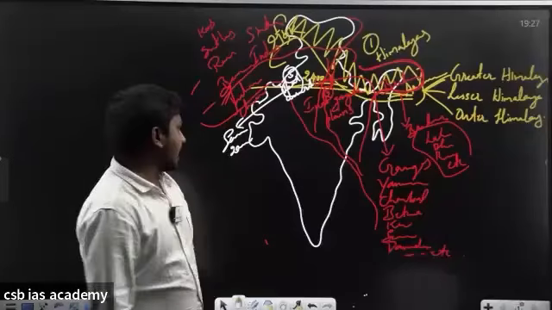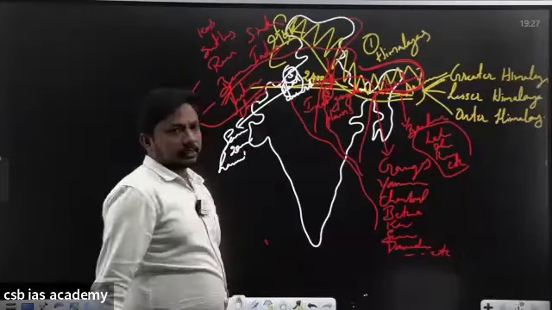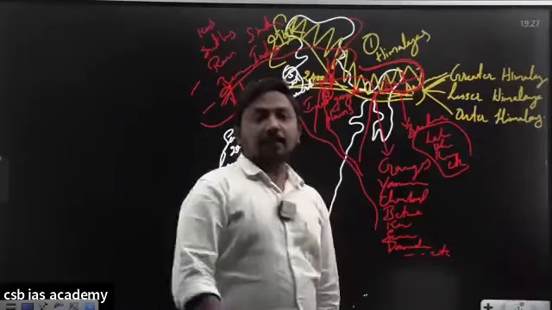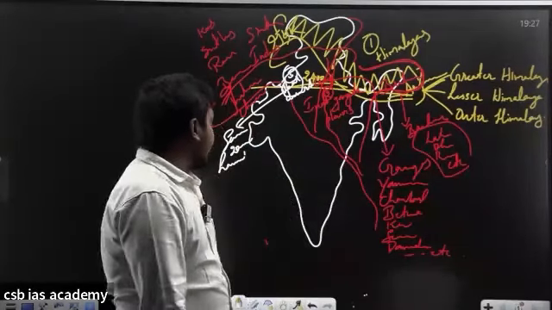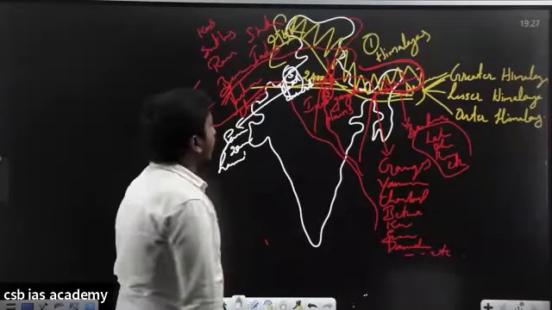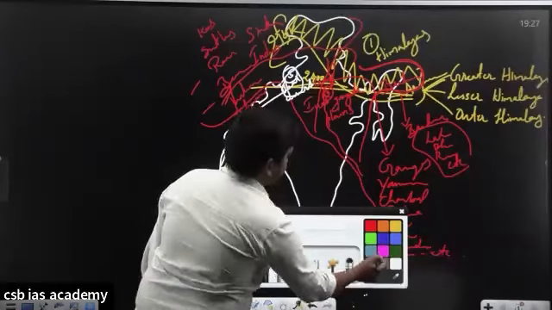And there are a few rivers like Luni, Bani, right? And in very few areas you can find oasis, and the remaining entire areas are dry, and it has hot climatic conditions, right?